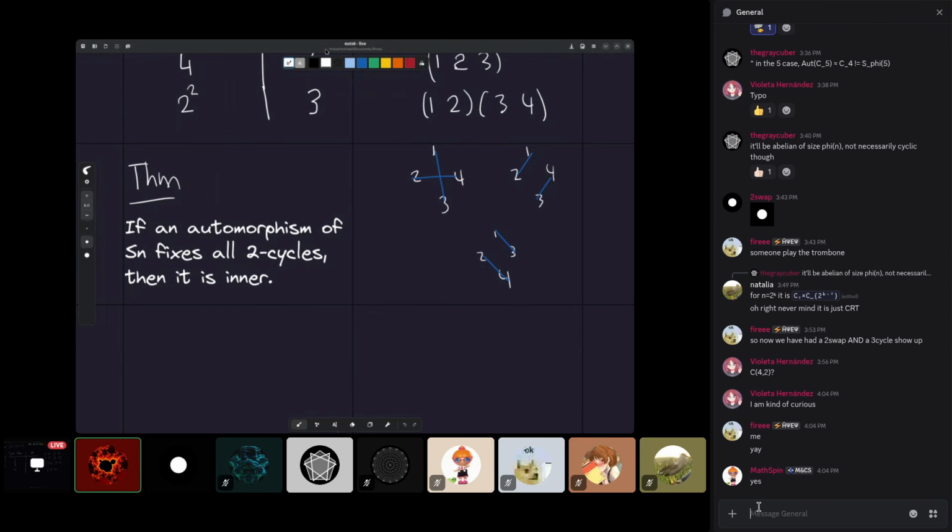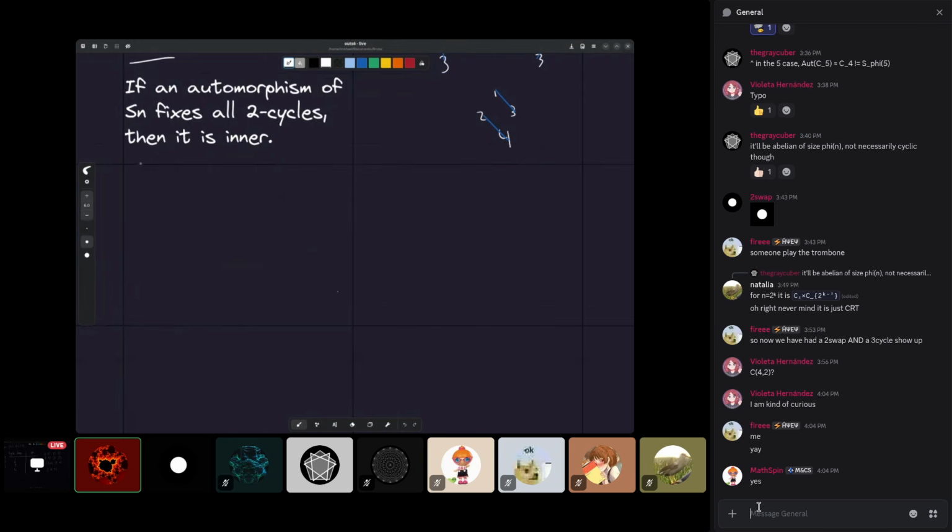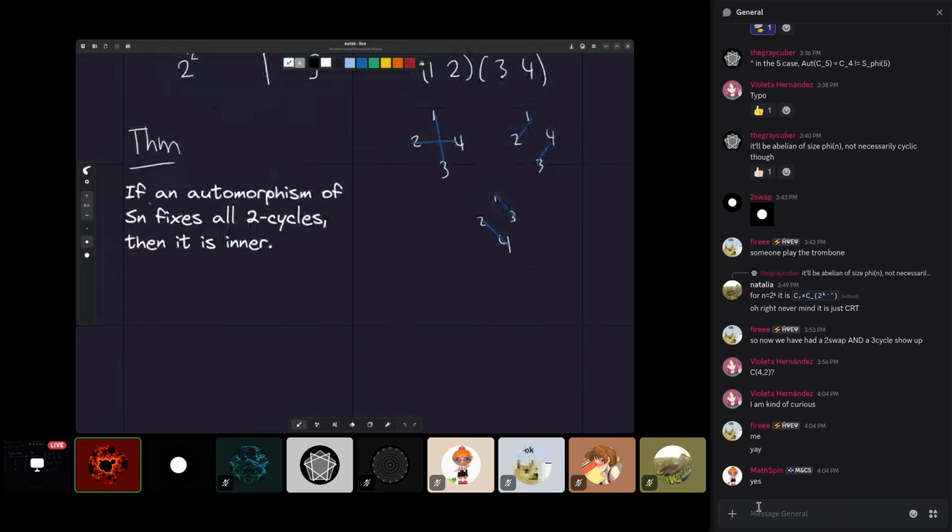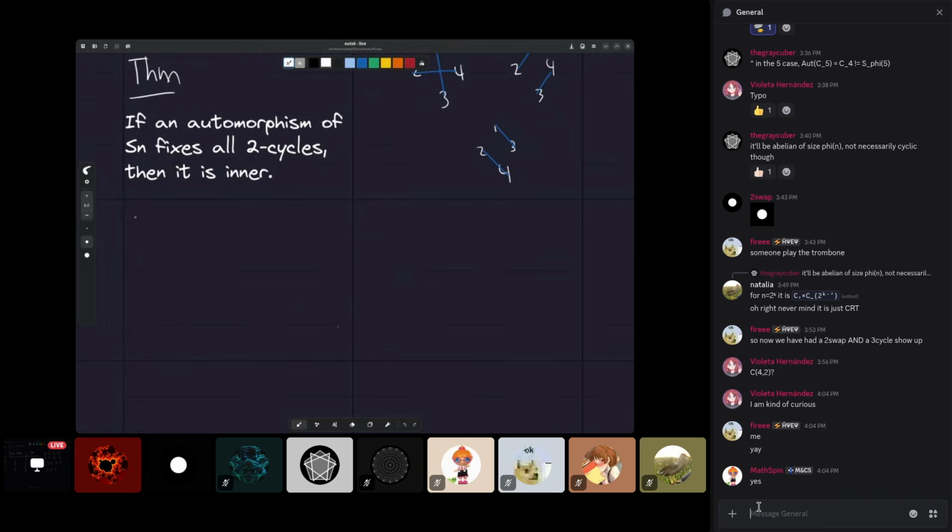So, why is this the case? Well, let's rule out n equals 2. We want to assume n is bigger than or equal to 3. We've done it for S2 already, because this has trivial automorphism group.